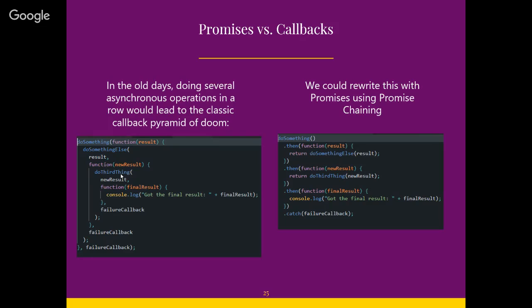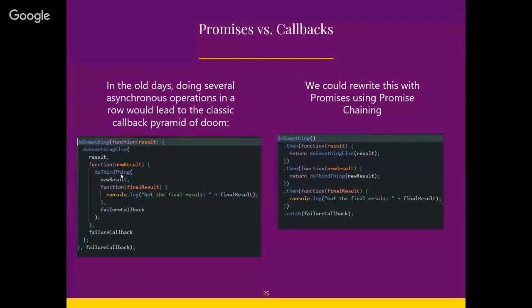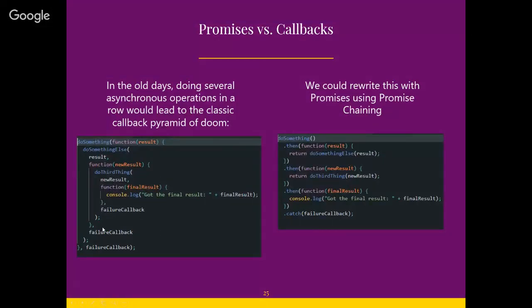This is not good for readability. Also, the second and actually most prominent problem with this code is that we have to pass the failure callback function, this one, inside of each and every function to be sure that we will catch a potential error and prevent the code from breaking our app. These are a number of headaches that we could potentially avoid using promises.